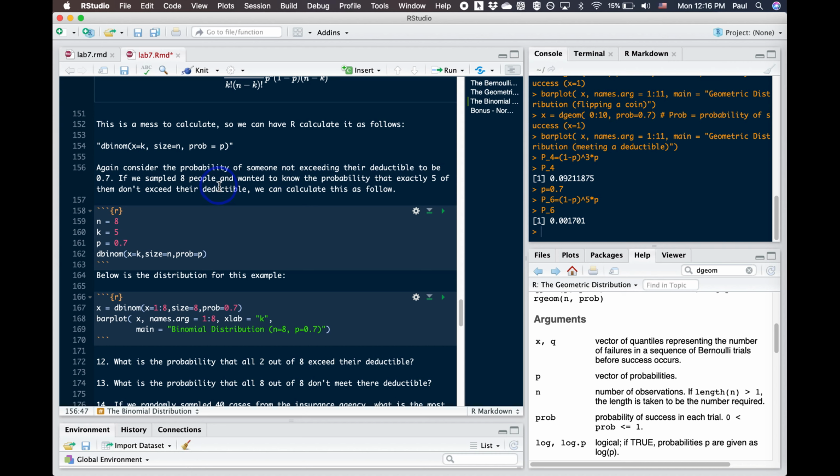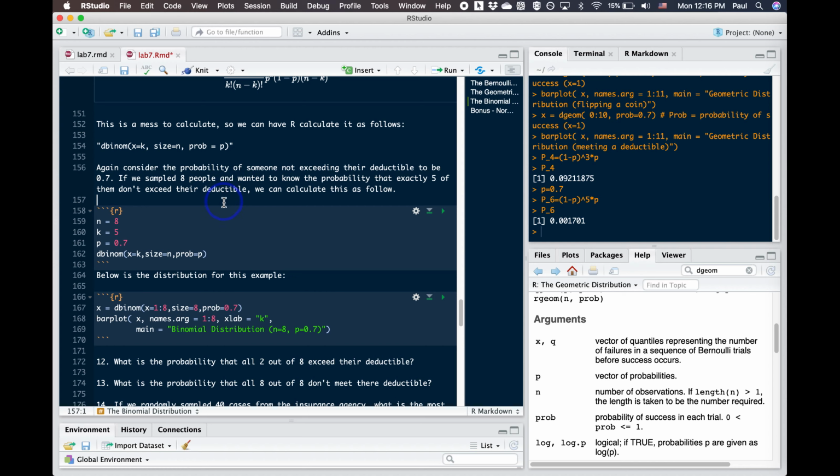Maybe I'm a business with 8 employees, and I'm providing their insurance, and I need to know how to have a contingency for 5 people exceeding their deductible. Maybe I don't want to pick a budget for more than 5 people exceeding their deductible. Oh, that would be 3 people. So 5 people don't, that means 3 people do exceed their deductible.